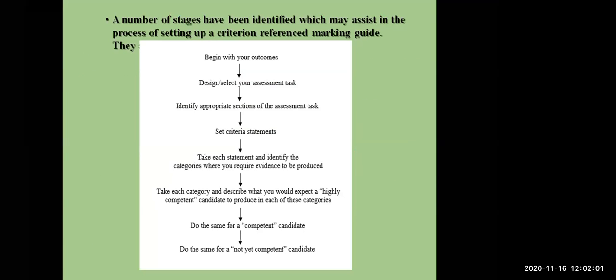Now, the criteria referenced marking guide, marking plan has to come sooner or later. Once we are talking about what we call outcome-based education, even in the new education policy, there's a lot of stress on outcome-based learning.